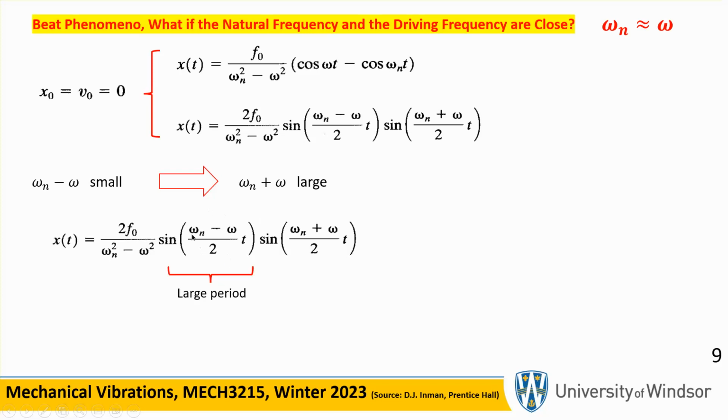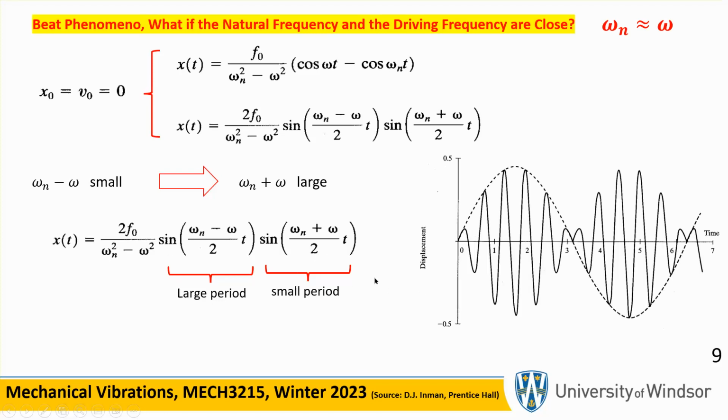Notice that this is a very small frequency. It has a very large period. And this is a very large number compared to this, and therefore small period. Large frequency, small period.